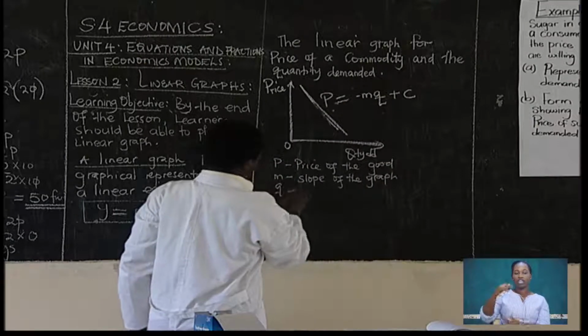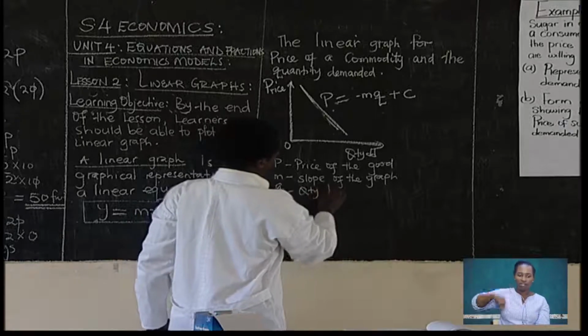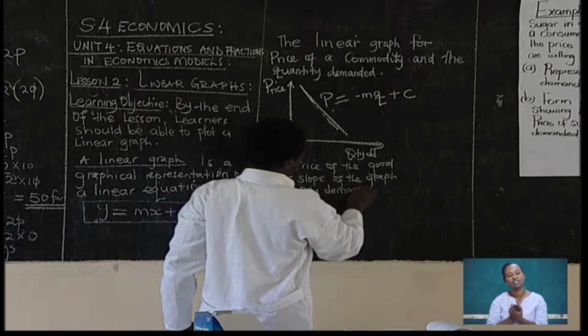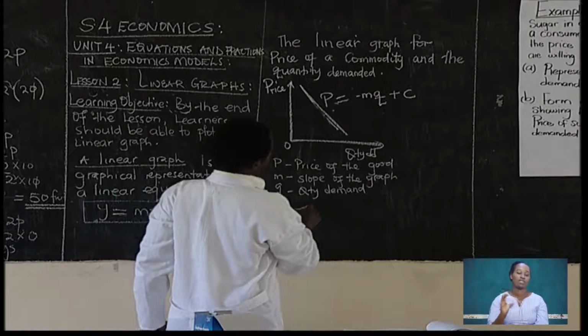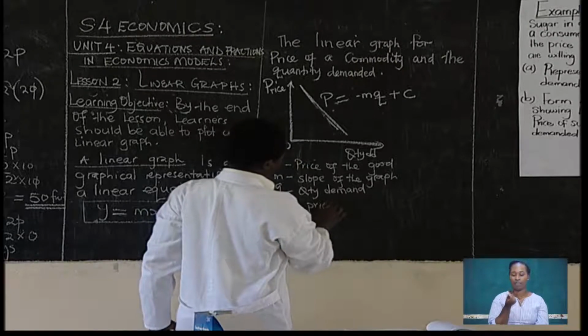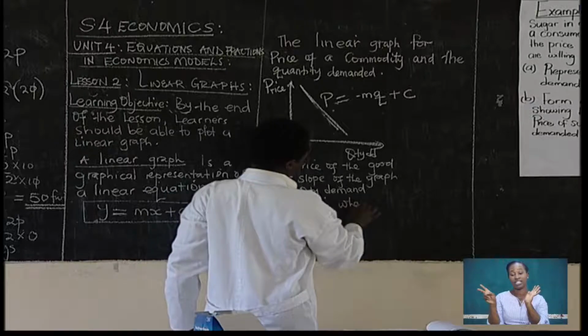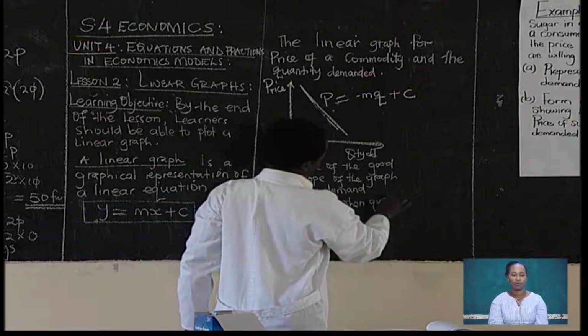Then Q is quantity demanded. And c is the price when quantity demanded is 0.